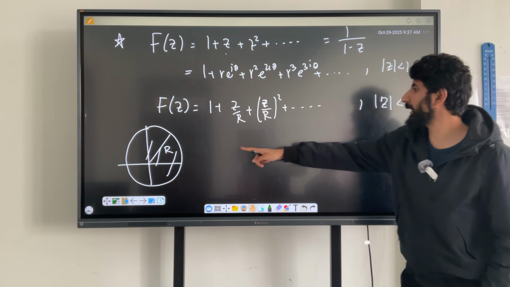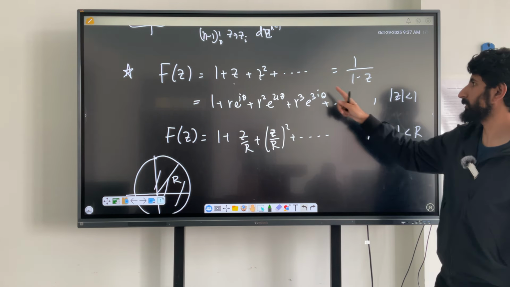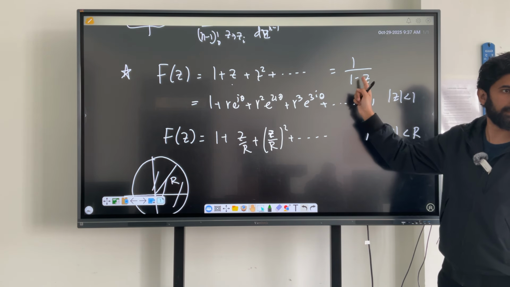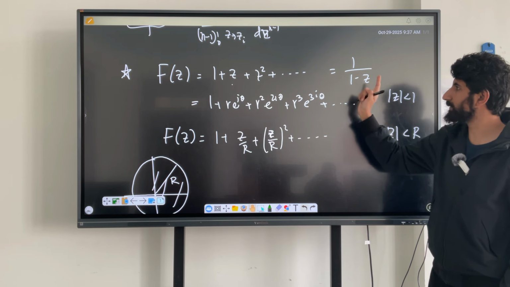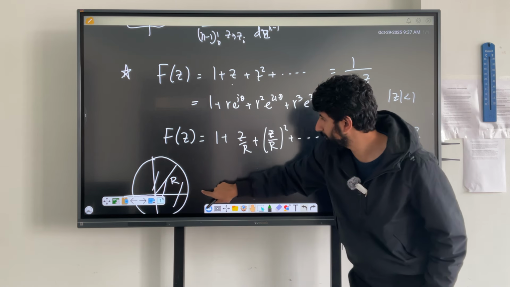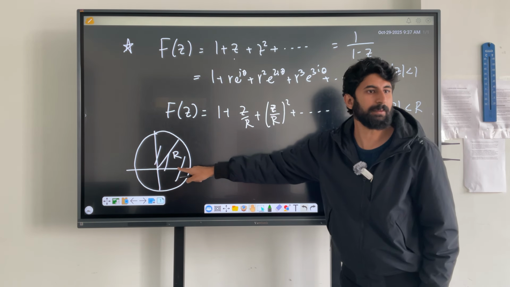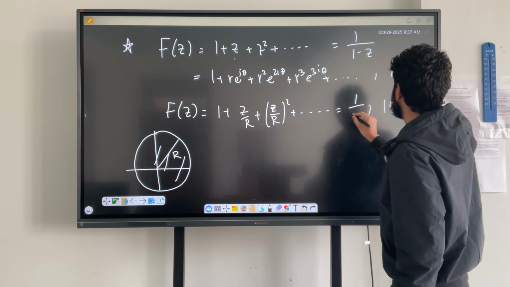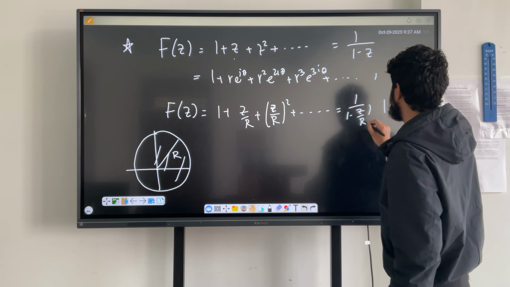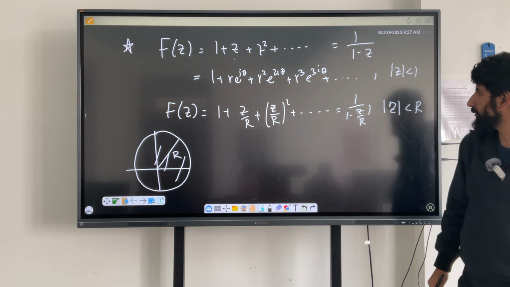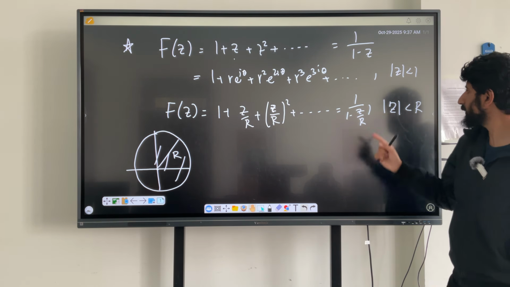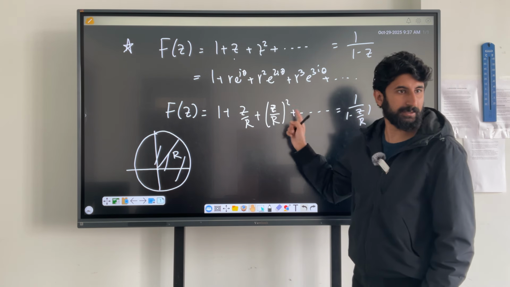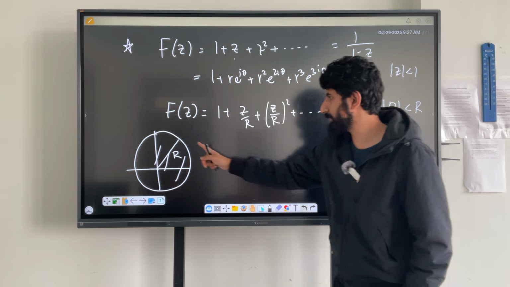Since this is equal to this, there are two representations of this function, this representation and this representation. And the two representations are exactly identical only in this domain. When capital R is 1, it's the same, because this would be 1 divided by 1 minus Z by R. It's the same thing with Z replaced by Z. So this representation of the function and this series representation are identical only in this disk.